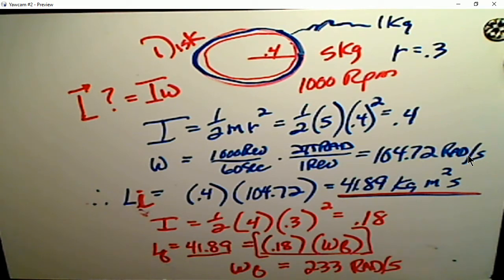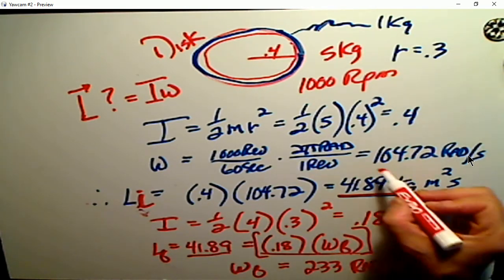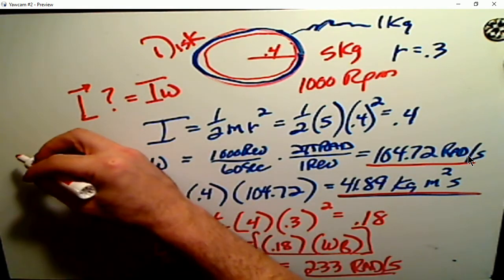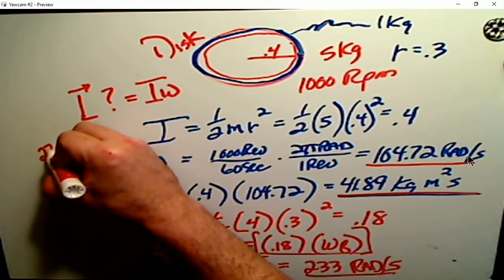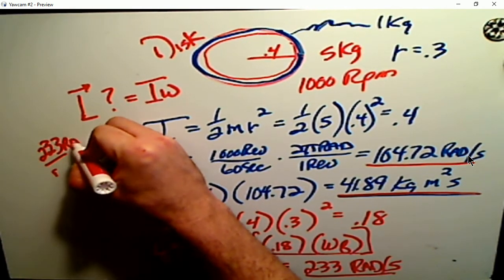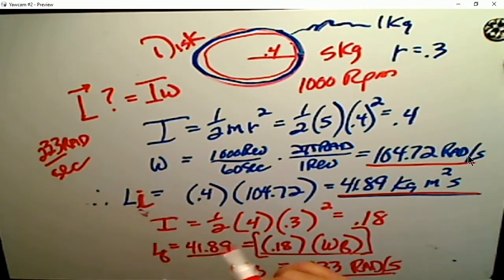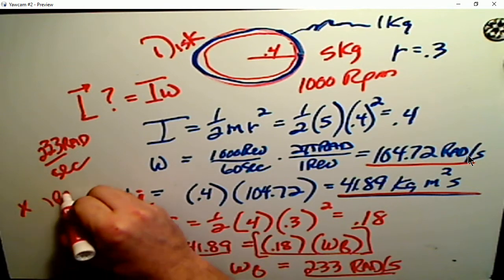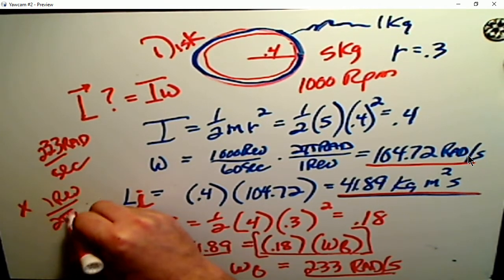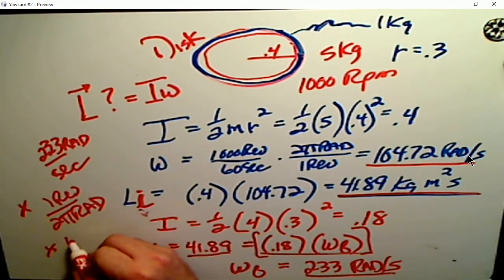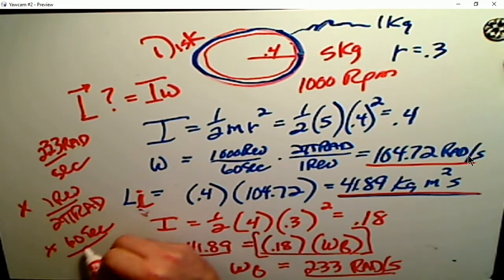Okay. Notice that we went up quite a bit from 104 to 233. If we look at this in terms of RPM, of course, we could say 233 rads per second and multiply that by 1 revolution is equal to 2 pi rad, and multiply that by 60 seconds is equal to 1 minute.